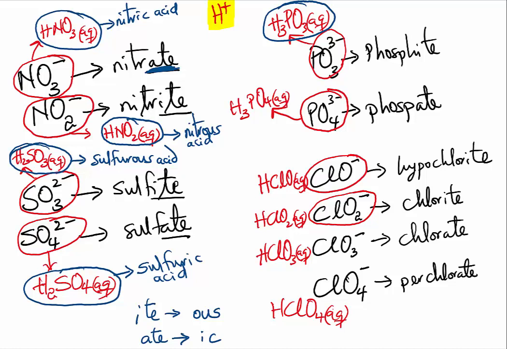The polyatomic ion ends in ITE, so the acid itself should be phosphorous acid, while H3PO4, because it is generated from phosphate, should become phosphoric acid, which is also a very common acid.